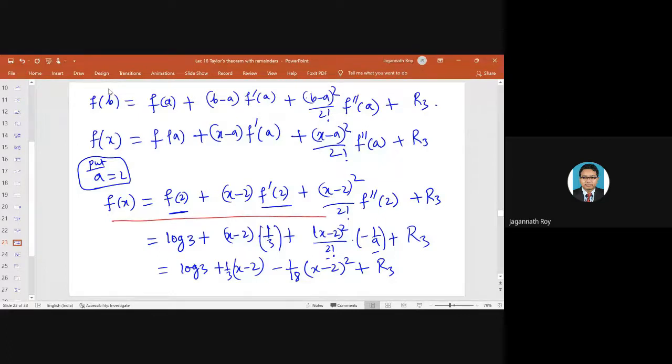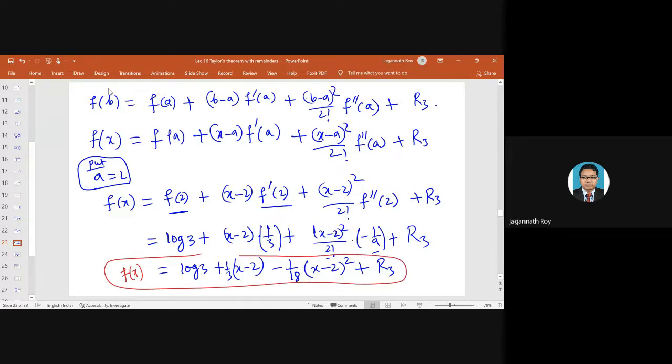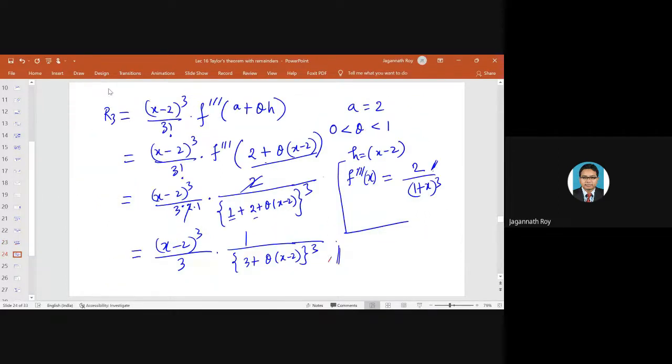So f of x is actually this one, where this is the Taylor's formula that we have been asked to find after 3 terms. So R3 you can find out in this way, where R3 equals this.